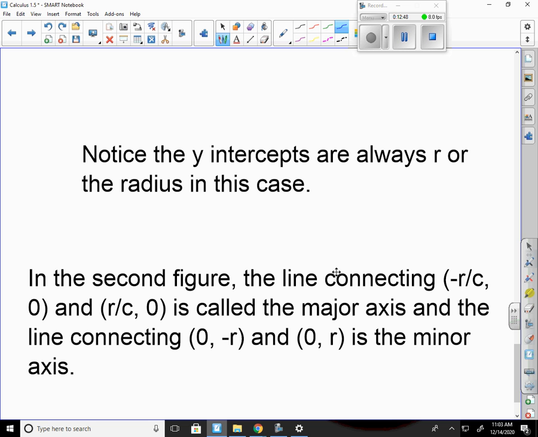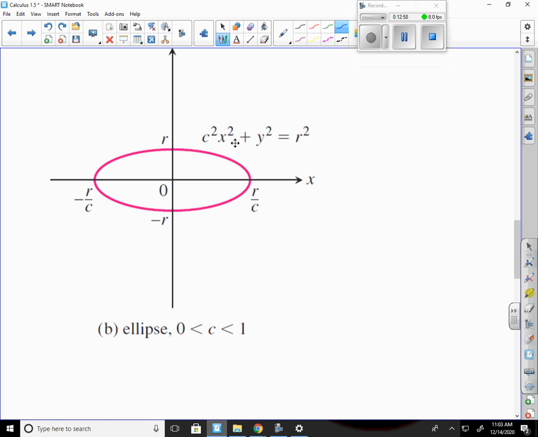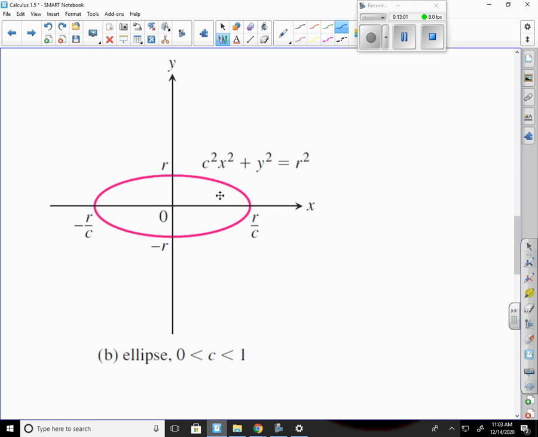And the line connecting 0, negative r, and 0, r is the minor axis. Look at the second figure. This is the major axis, and this is the minor axis. And you can tell that because it's smaller. Major is the larger one, minor is the smaller.